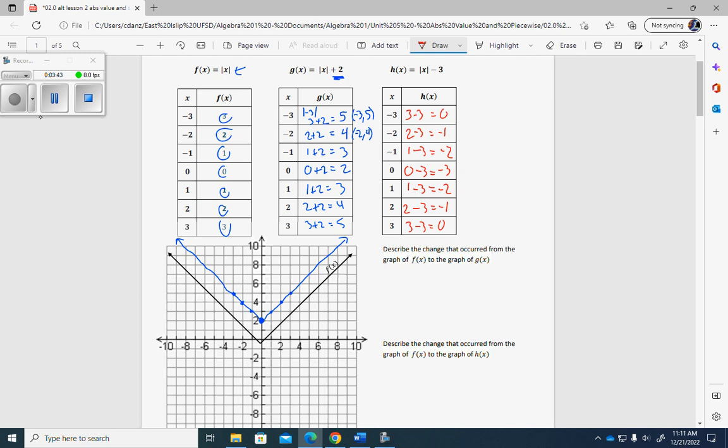And we plot those points. Again, this goes on forever. The V opens upward.